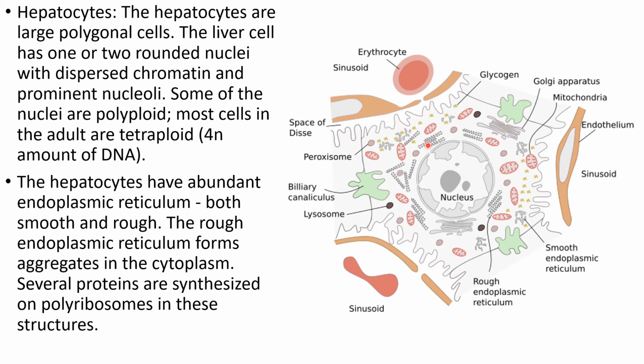That means many rough endoplasmic reticula are aggregated at one place, and several proteins are synthesized on the polyribosomes of this structure.